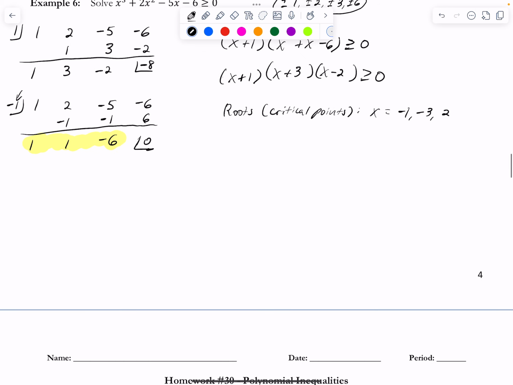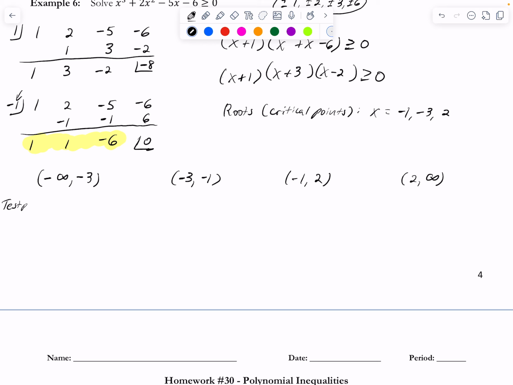Okay, so I have an extra one here for my intervals. So -infinity to -3. Then I have -3 to -1, -1 to +2, and then 2 to +infinity.